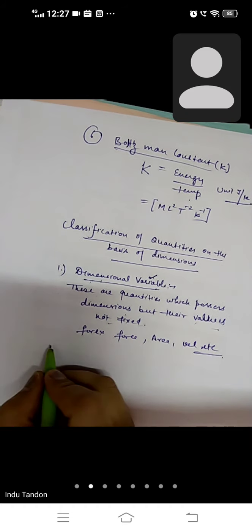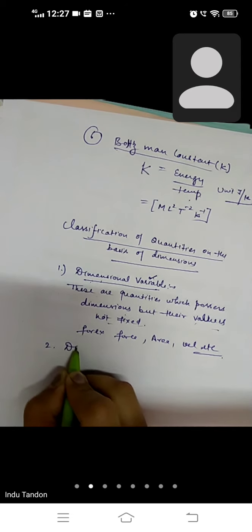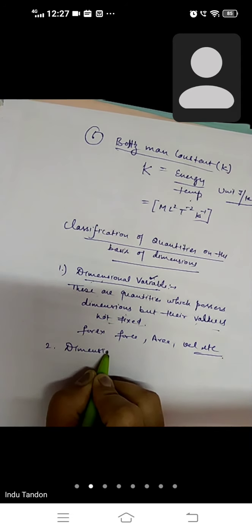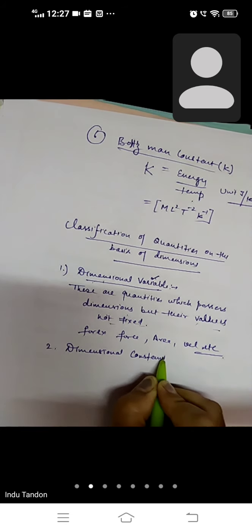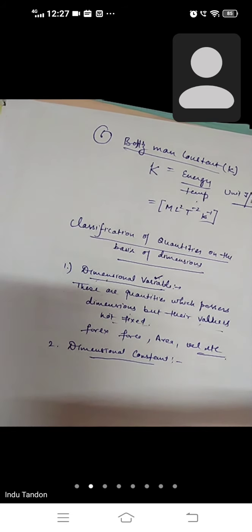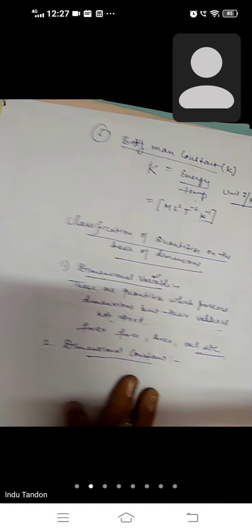Variable is the name. Second is dimensional constant. Can you define it? What is dimensional constant? Quantities which possess dimensions and have fixed values. Yes, very good. These are the quantities which possess dimensions and their value is fixed.